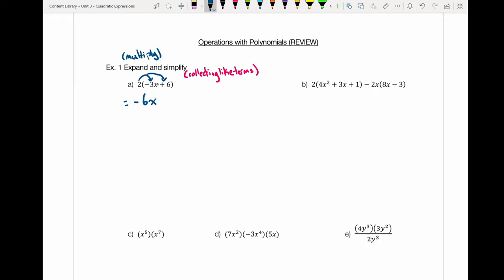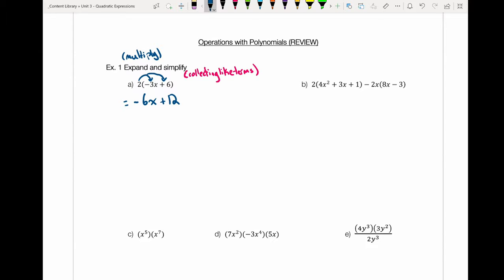Basically, you're just multiplying the numbers. The x just remains there. And then 2 times 6 is 12. So that is expanded. I can't simplify anything because there are no like terms here. The negative 6x has an x, so I can't add that to the 12. It's two different things. It's like apples and oranges. You can't add them together.